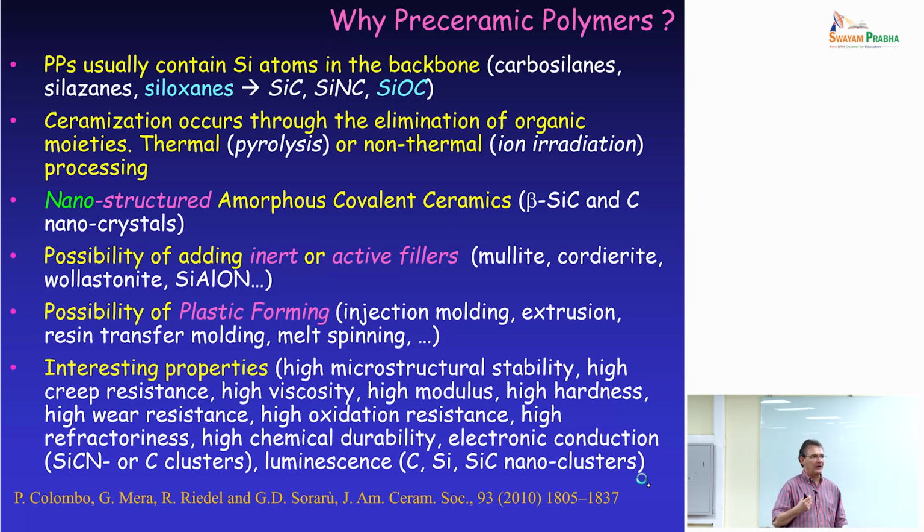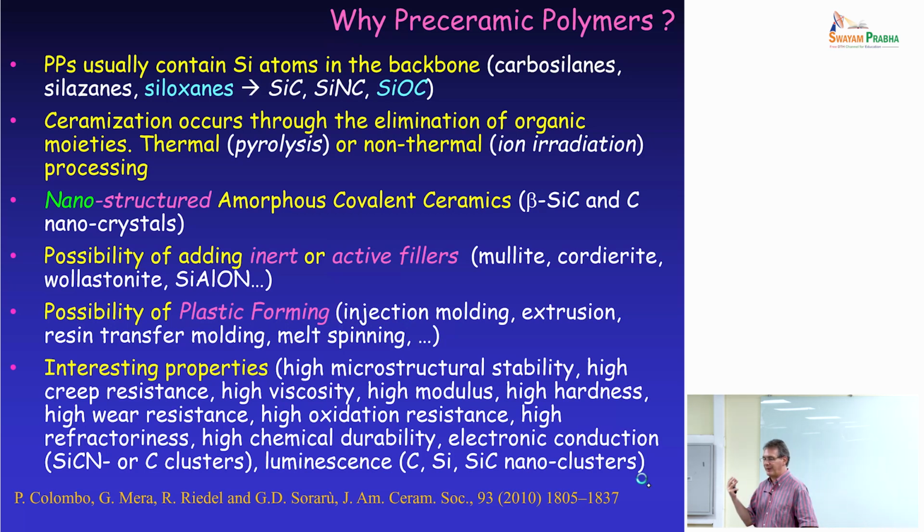They contain silicon and oxygen atoms in the backbone. But there are also other types of polymers that still contain silicon, such as carbosilanes and silazanes, that will give you a ceramic material. All these polymers will give you a ceramic material after a so-called ceramization step.